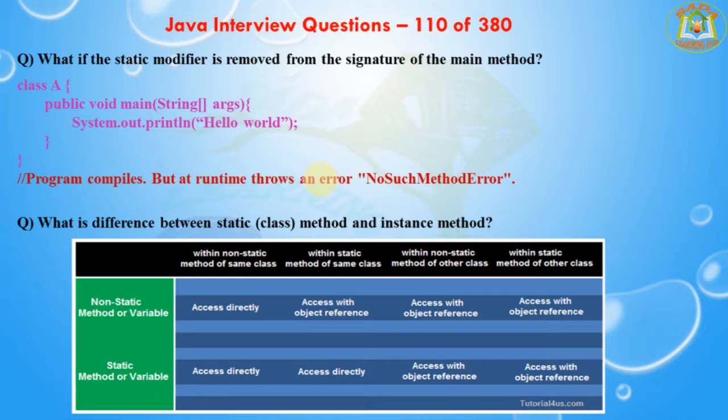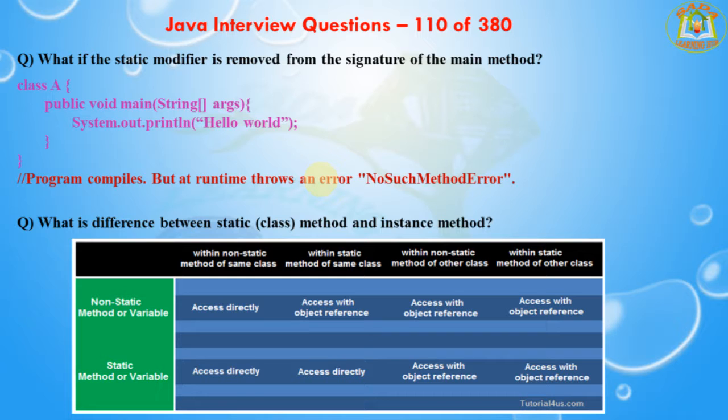The next question is, what is the difference between static method and instance method? A method that is declared as static is known as a static method. A method that is not declared as static is known as an instance method.